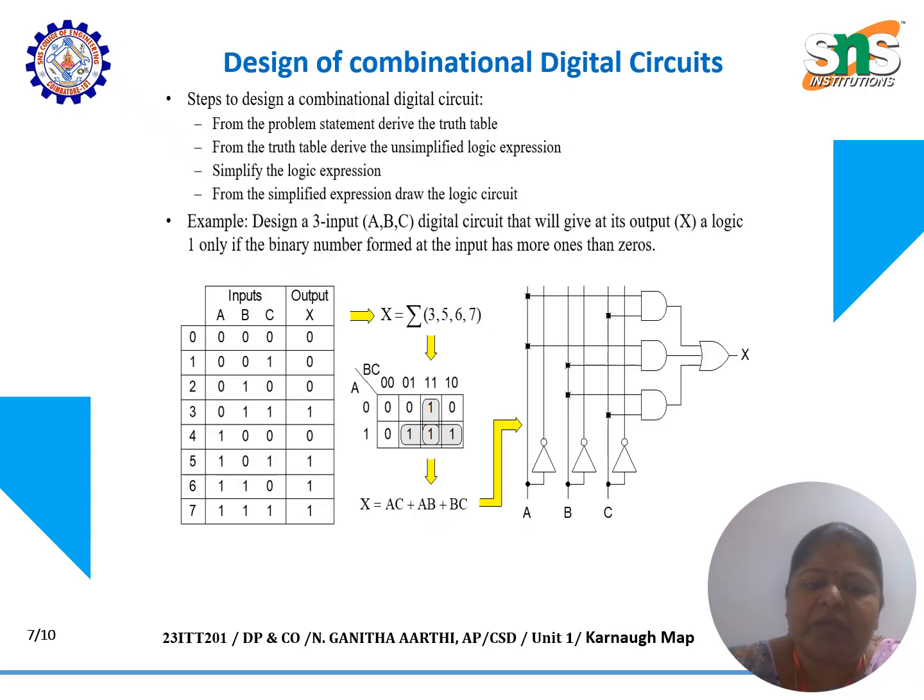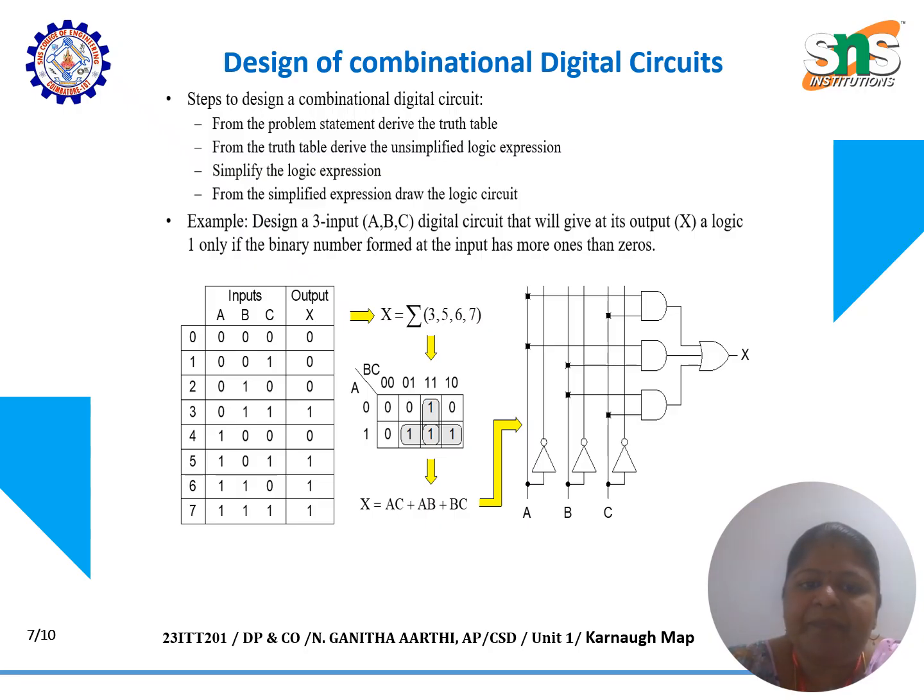From 0 to 7 we are assigning the binary equivalent for the variables A, B, C. As you see, the binary equivalents of the decimal values 0 to 7 have been listed here, and here we have the output.